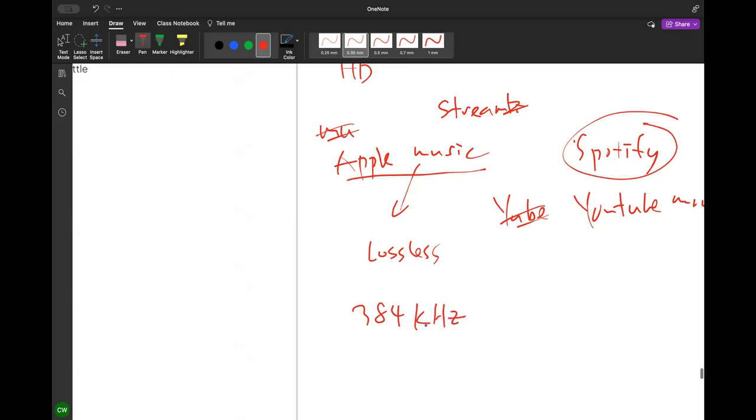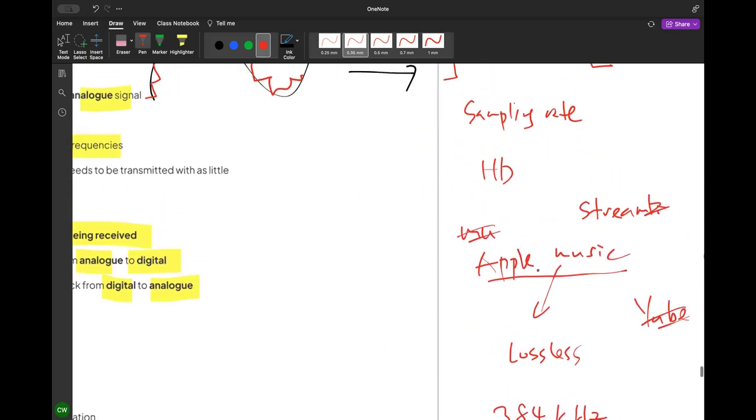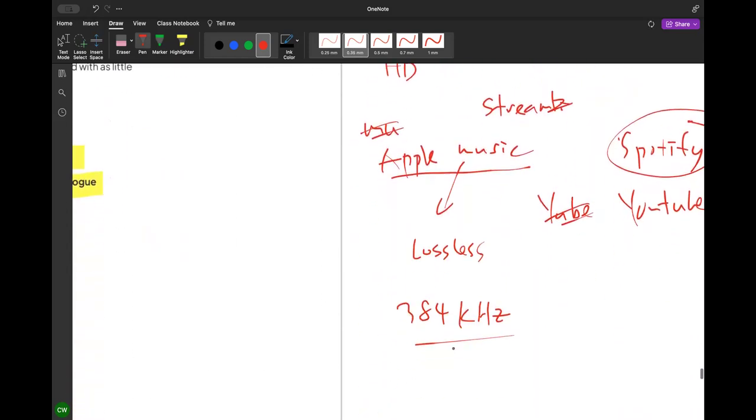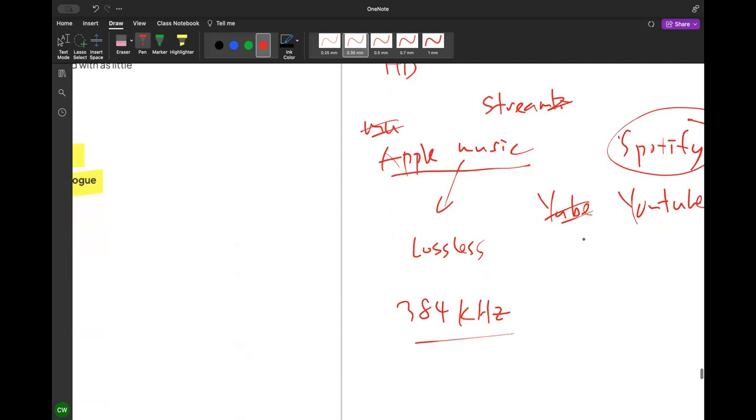Kilohertz sampling, very very high. That means if the sampling rate is very very high, this thing is going to be very smooth. Not jerky. Jerky means not pure.